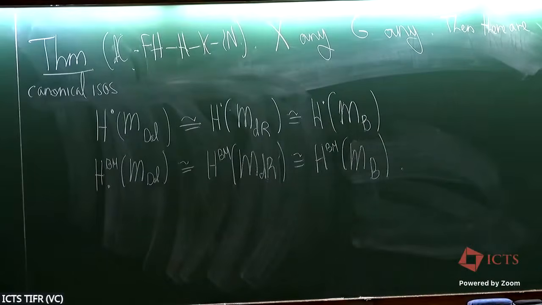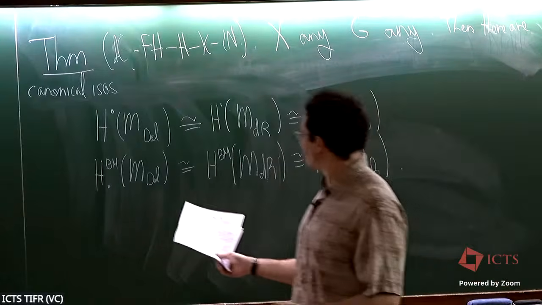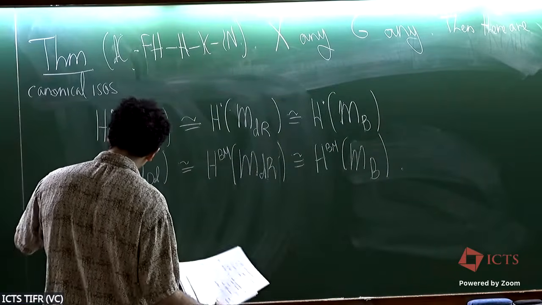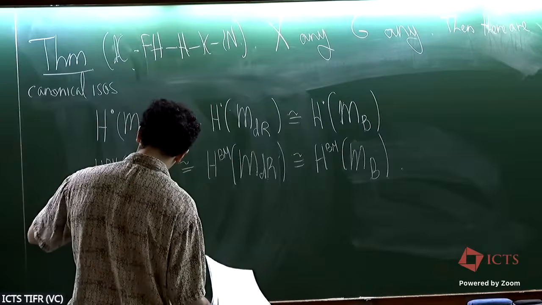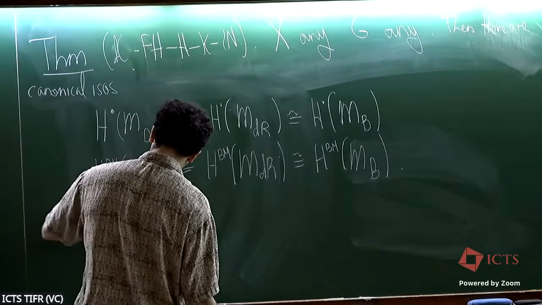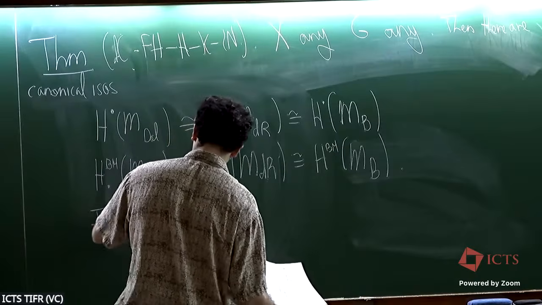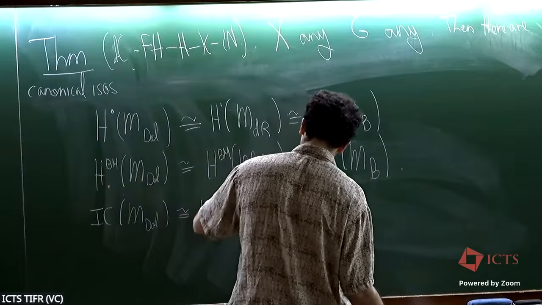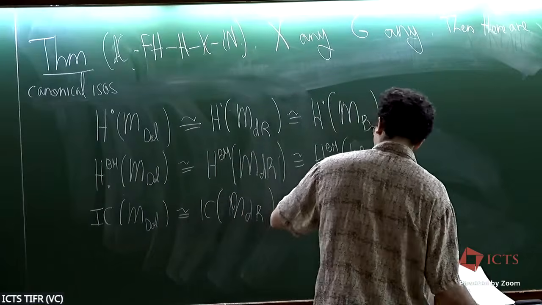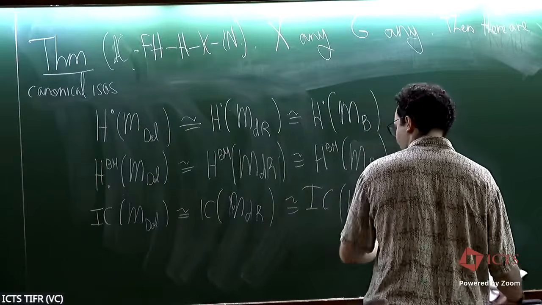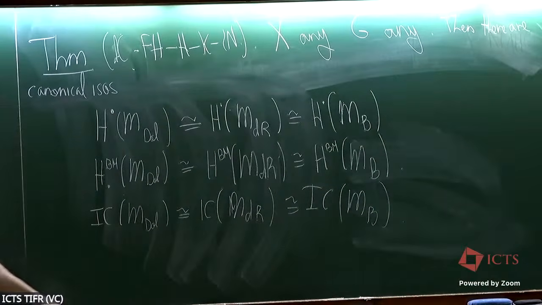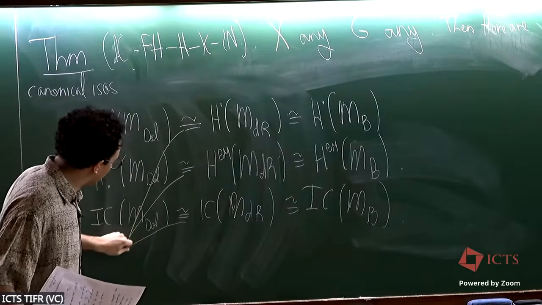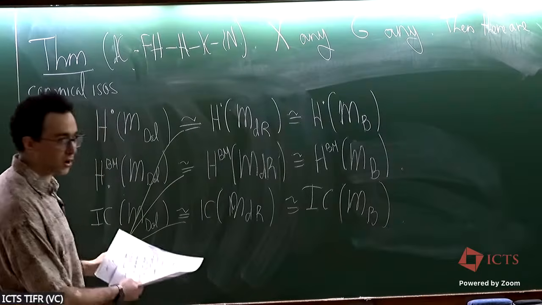And these stacks are singular, so they have interesting intersection cohomology. And actually, their intersection cohomology is also canonically isomorphic. Not only that, but the isomorphism between Dolbeault and de Rham, in these three cases, preserves mixed Hodge structures.